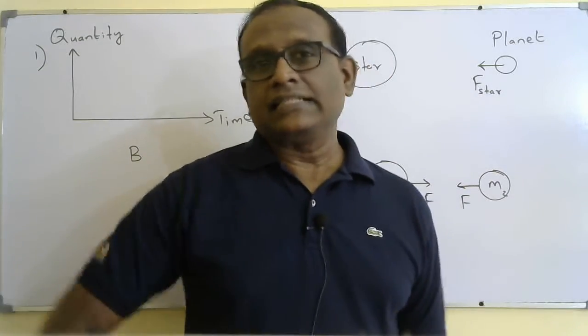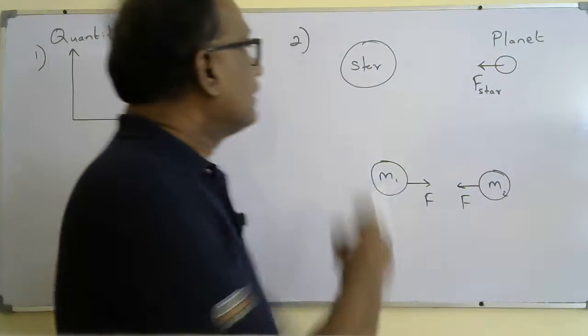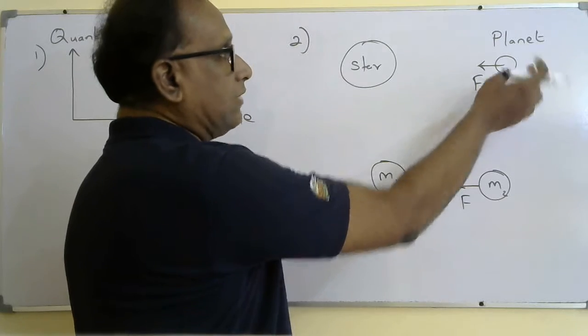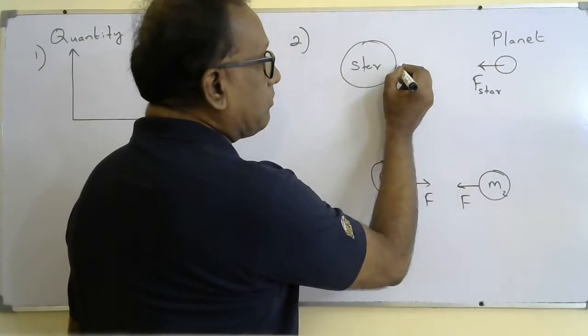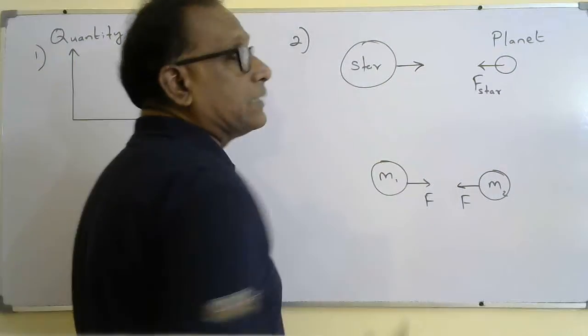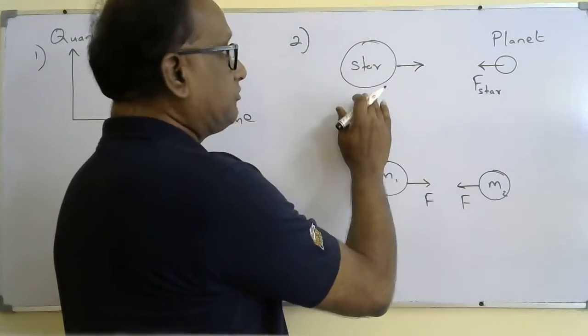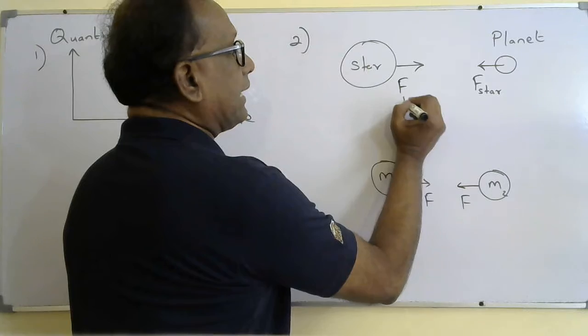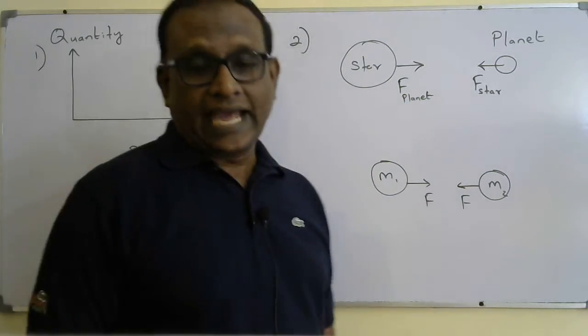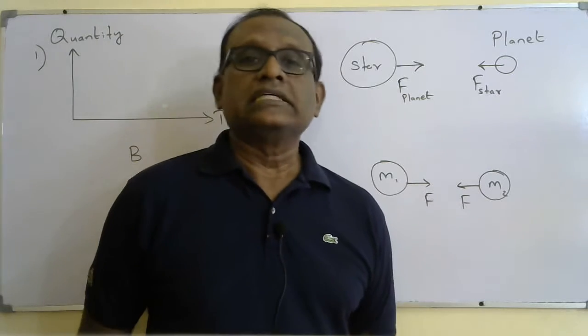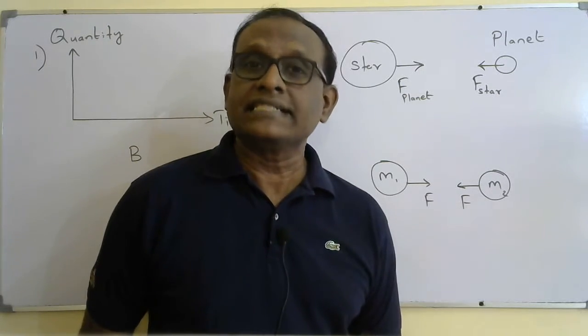Anyway, there's nothing much to talk about it. Here the star is exerting force on the planet, which is F star. The planet will exert force on the star, which should be towards the planet. That is F planet. That's the way they are naming it. That also should be attractive. Newton's third law pair of forces should have the same magnitude.